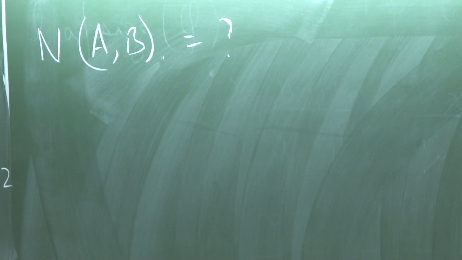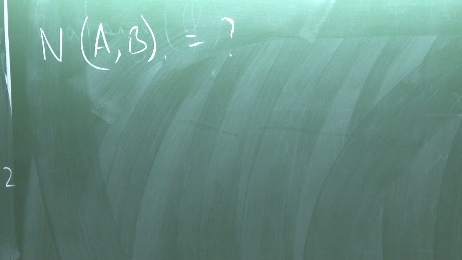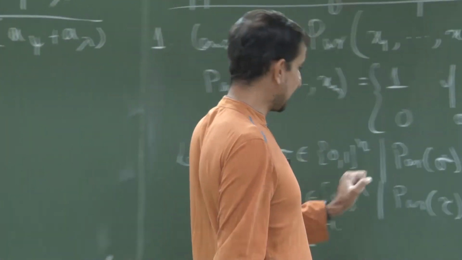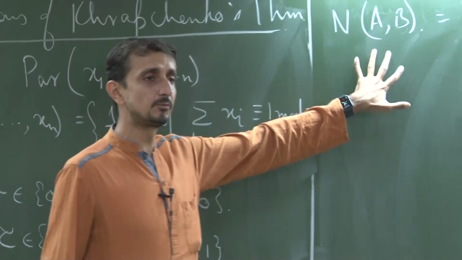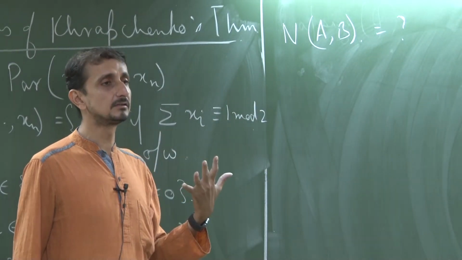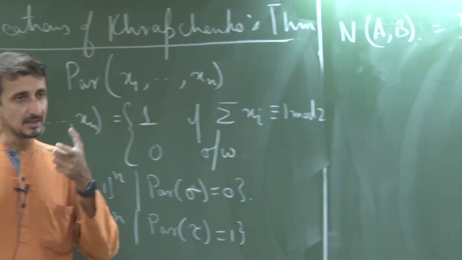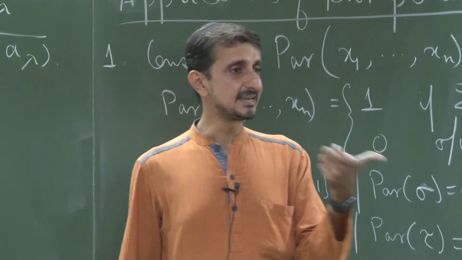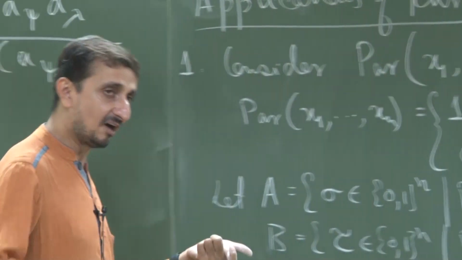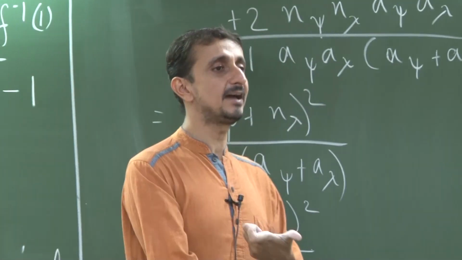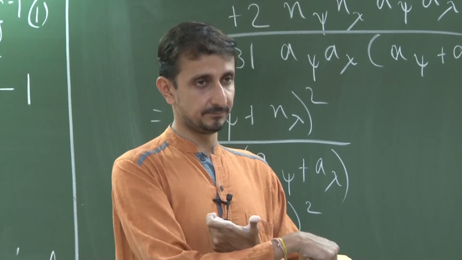So, how do you answer? How do you think about it? If for any sets A, B someone poses this question, the way you should think is to consider any string, let us say in A. How many neighbors will that string have which belong to B?